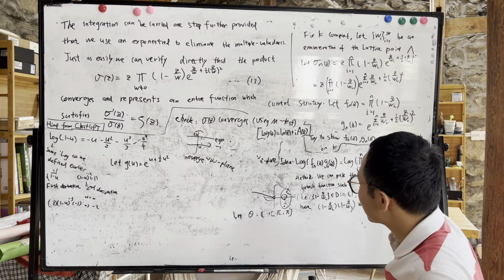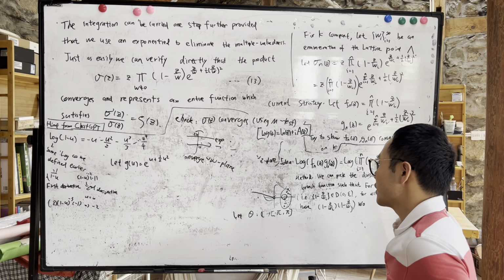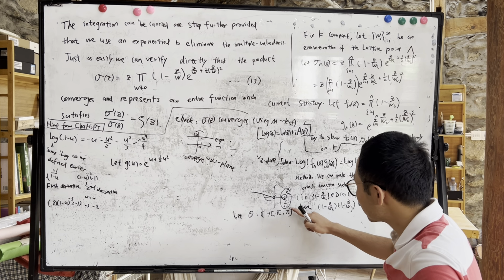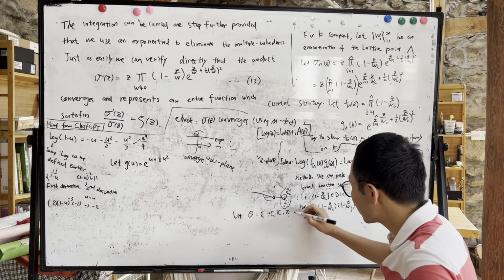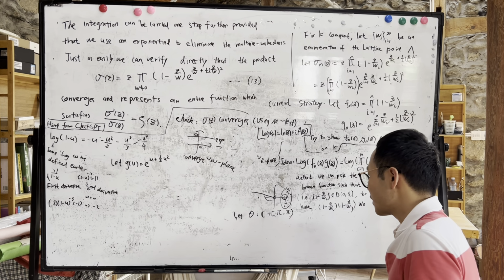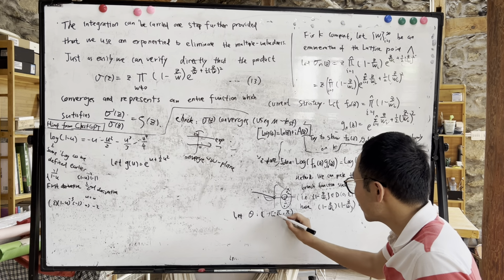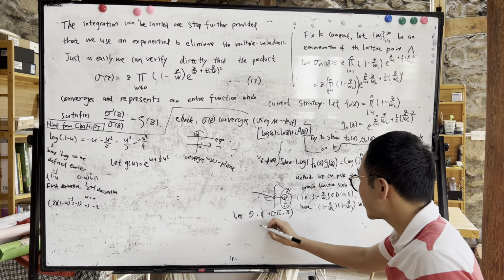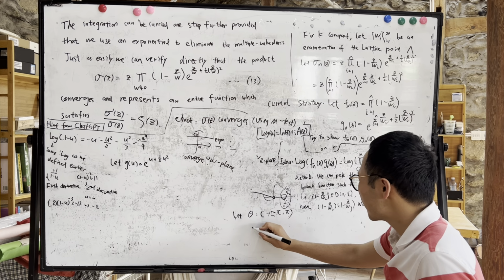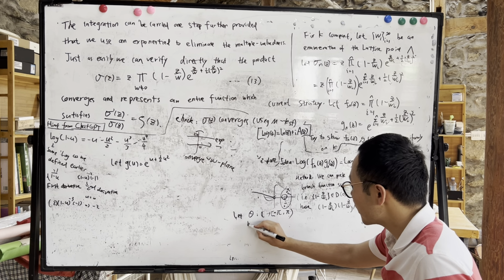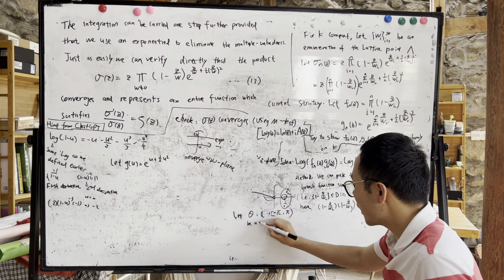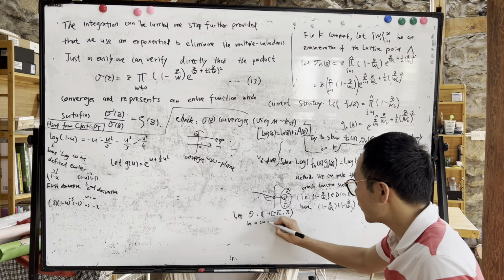Shoot, there is a trouble. Okay, so let's just first do that and see if it works. And then what we do is, let it be a continuous choice of argument function.